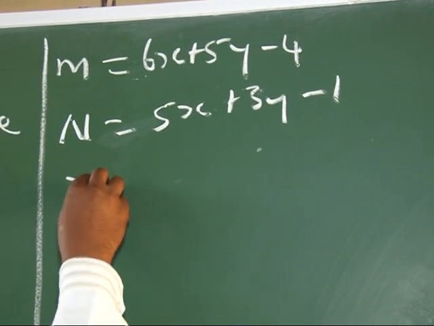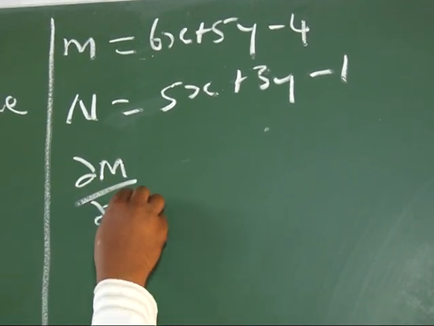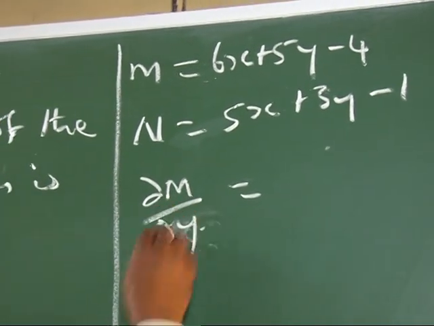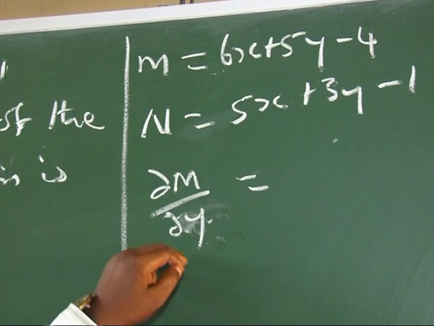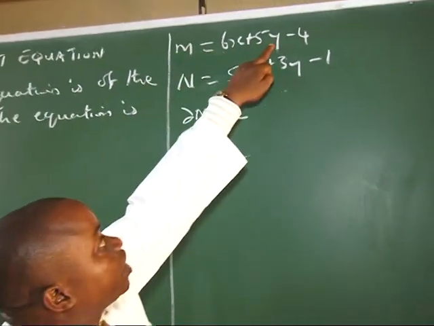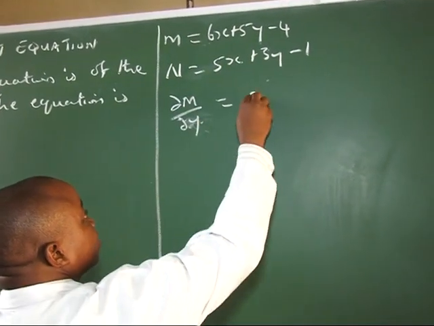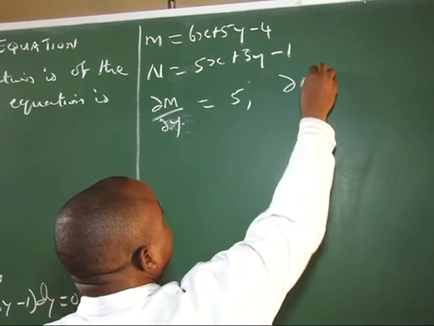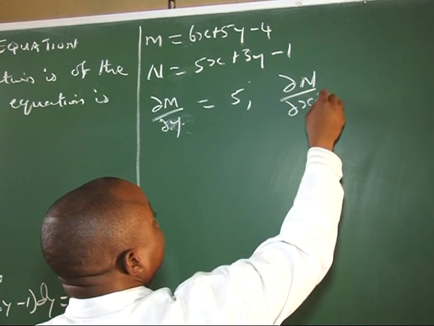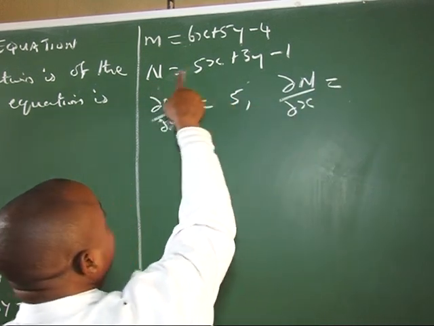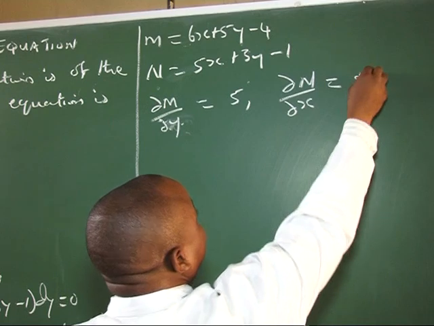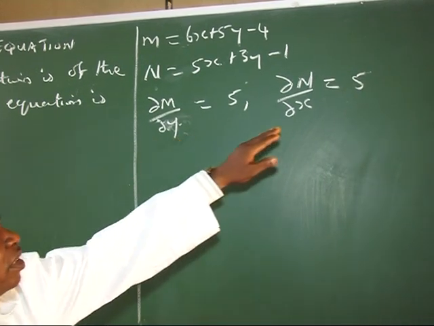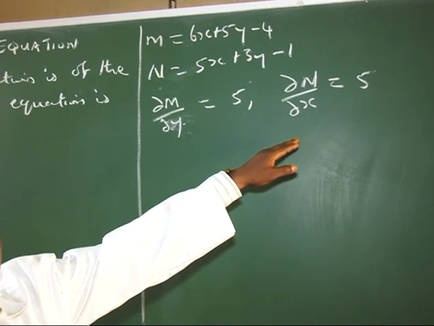Alright. Partial M, partial y. Sorry, we are differentiating M with respect to y, which will give us 5. Partial N, partial x. N with respect to x will also give us 5. So we see that partial M partial y is equal to partial N partial x.